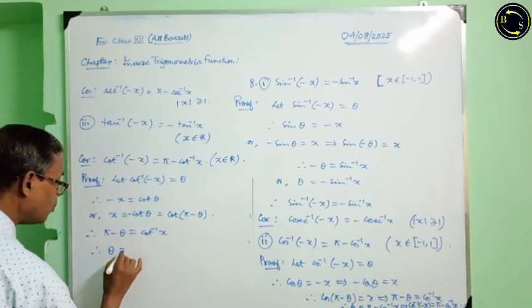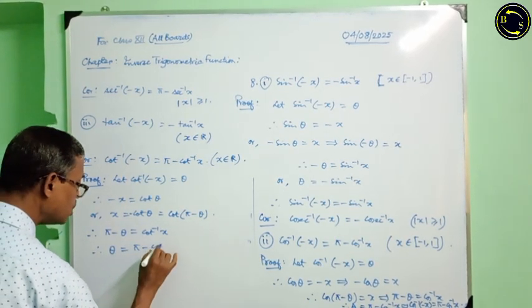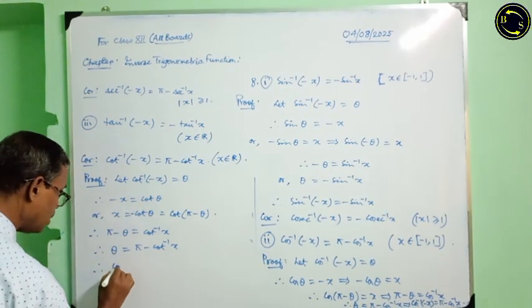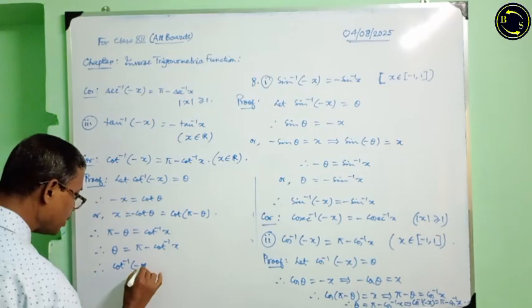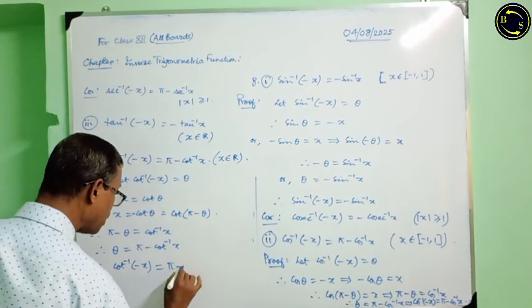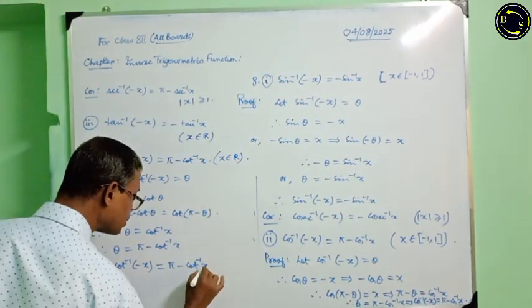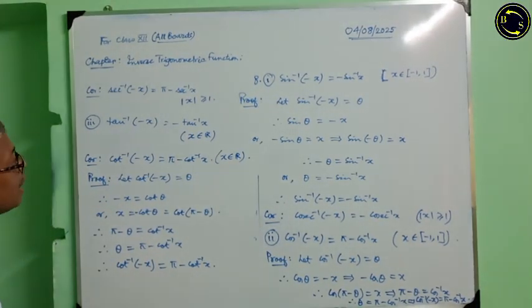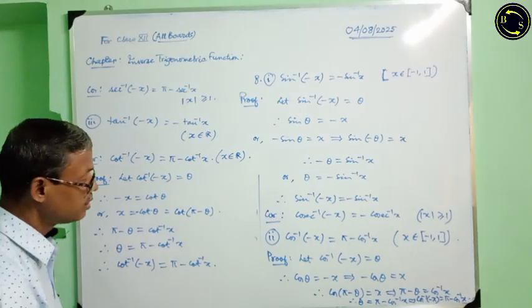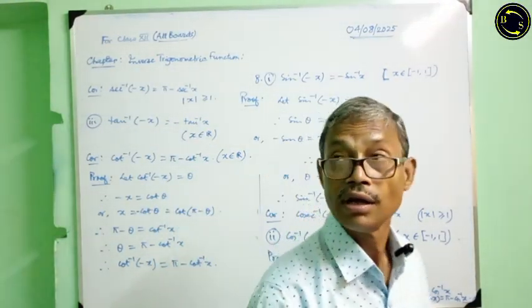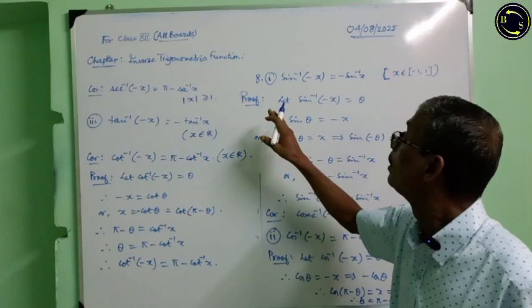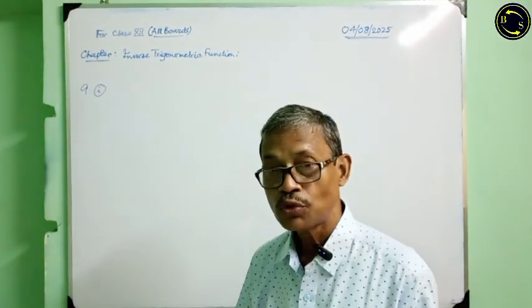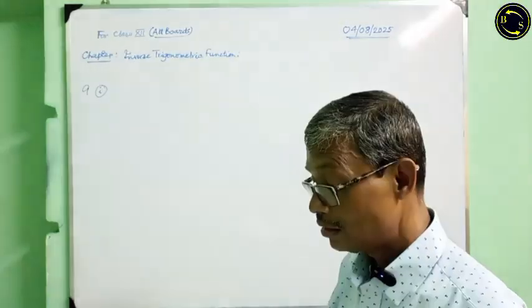Therefore, theta equal to pi minus cot inverse x, and theta already we have taken. Cot inverse of minus x equal to pi minus cot inverse x, and in this case already I have mentioned x is any real number. Thus, set 8 is discussed. Next, I move to set 9.